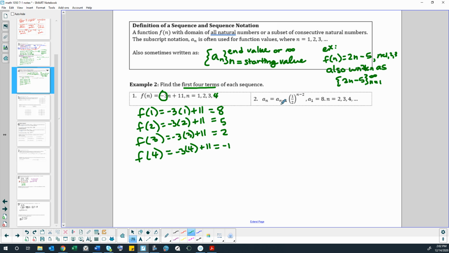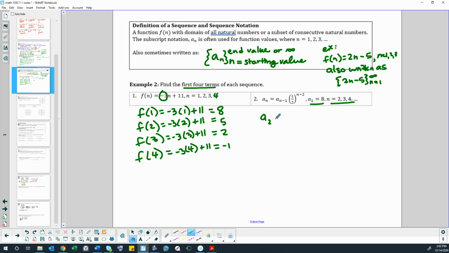This next one has an exponent. It's going to be a geometric sequence. Let's watch and see what happens. So we have a sub 1 is 8, and then we're going to use our other n values to find the first 4 terms. So I found the first term. There it is. I just need to plug in stuff to find the ones after that. Pretty easy.